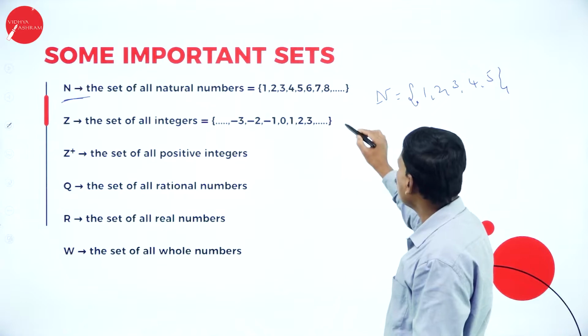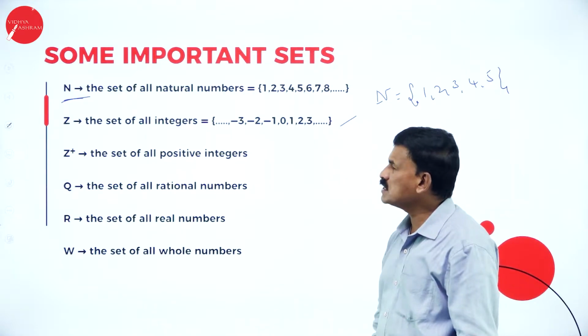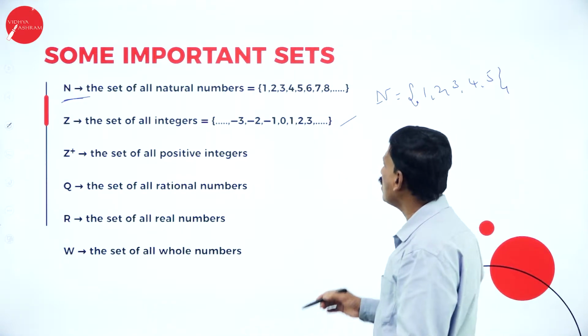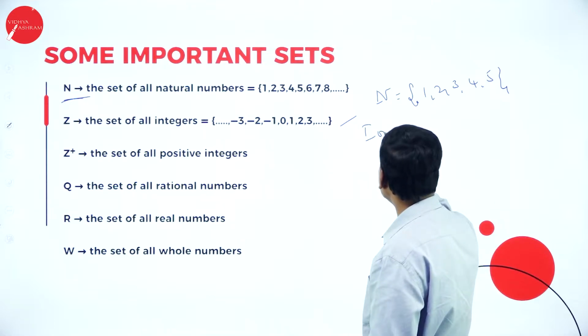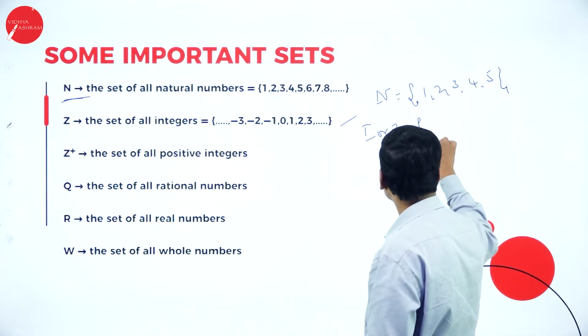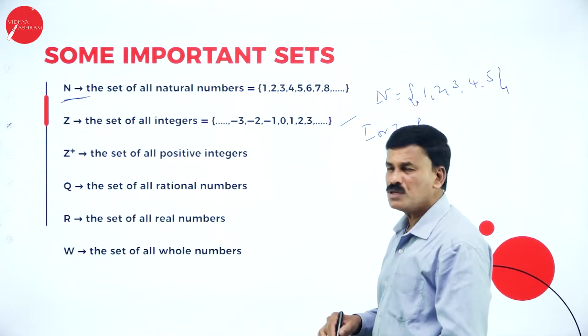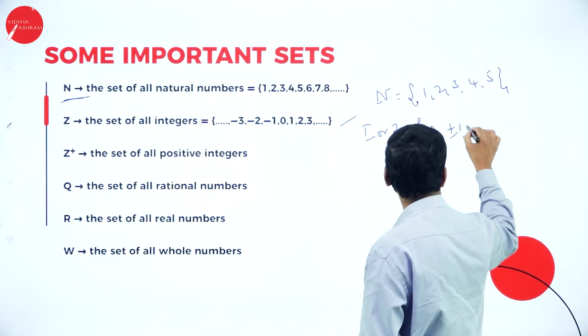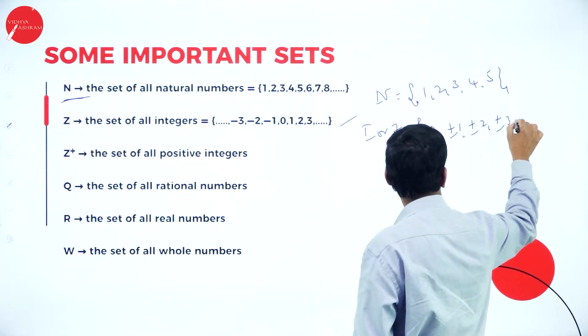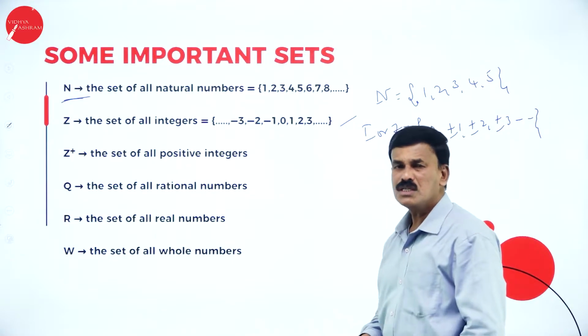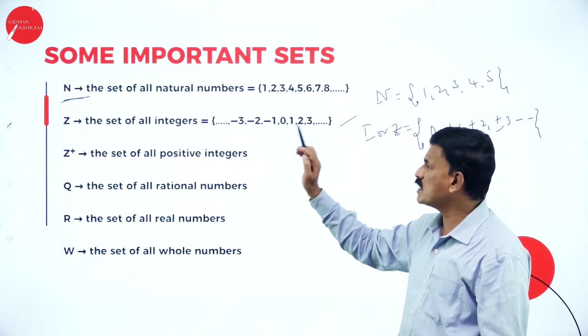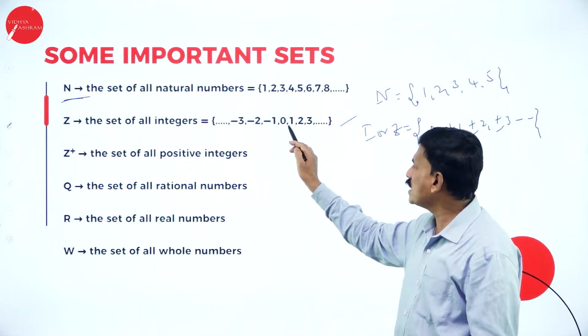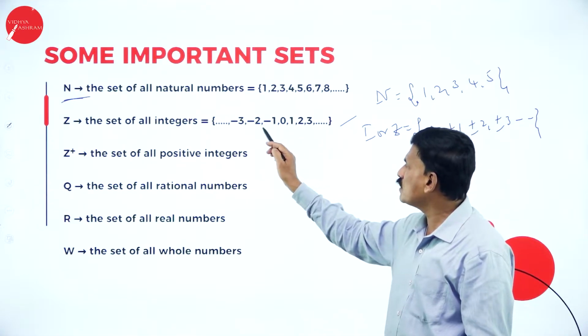Next, the set of integers. The set of integers is denoted as I or Z. I or Z represents the set of integers, which contains 0 as well as all positive and negative integers: 0, 1, 2, 3, minus 1, minus 2, minus 3.